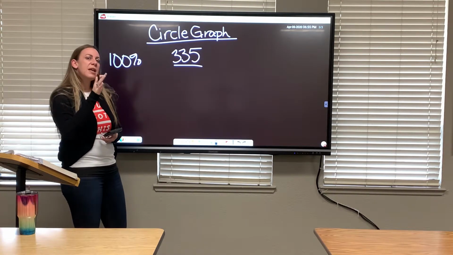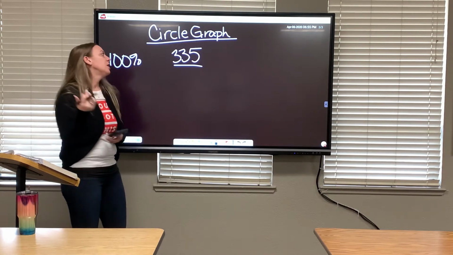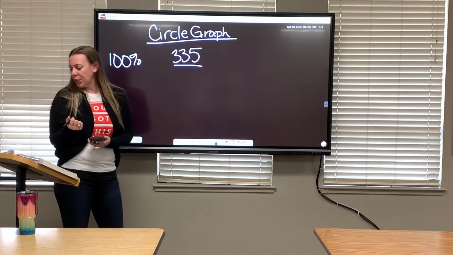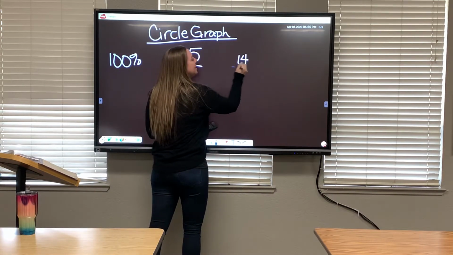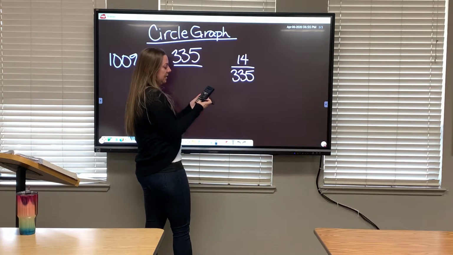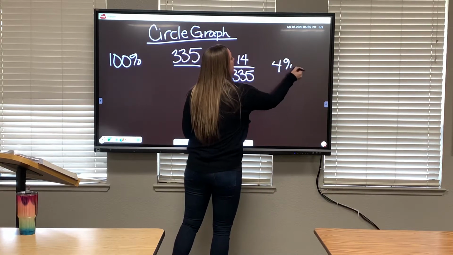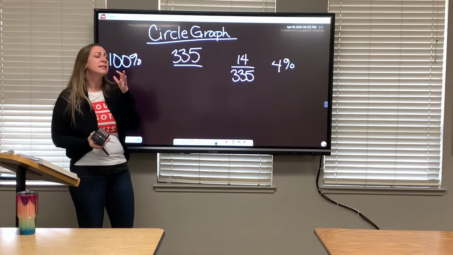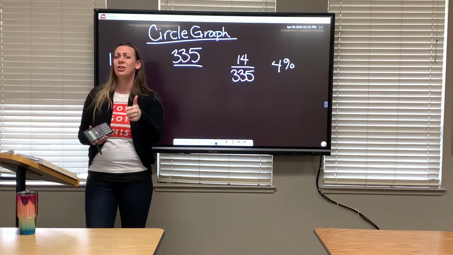If I were asked to figure out information, let's say the Arctic Ocean is 14. It's 14 out of 335. So 14 divided by 335 is going to give me, that's only 4% of the oceans. So there are certain things where you're going to take the information and need to find percentages.